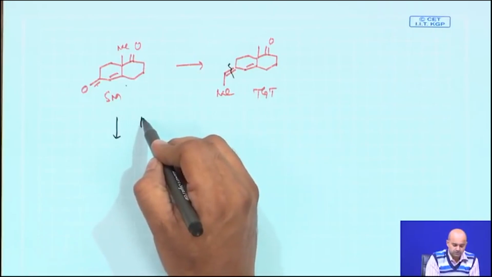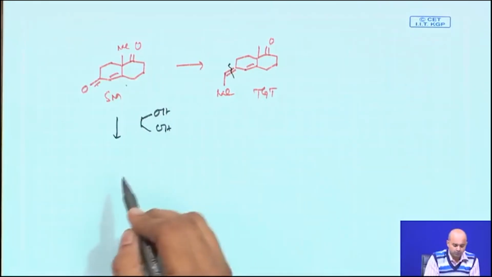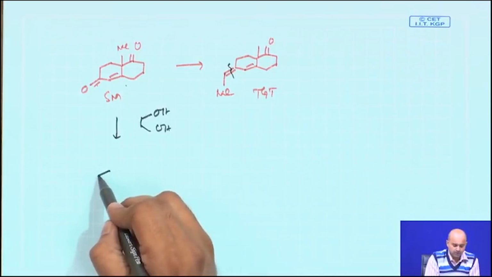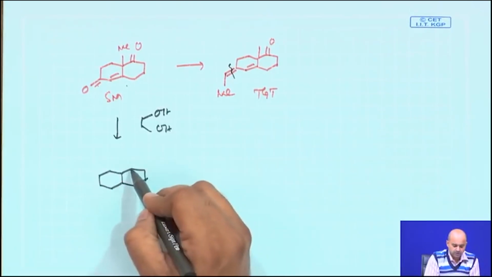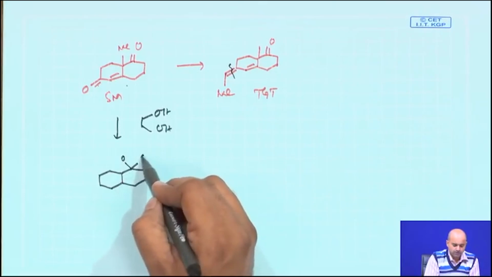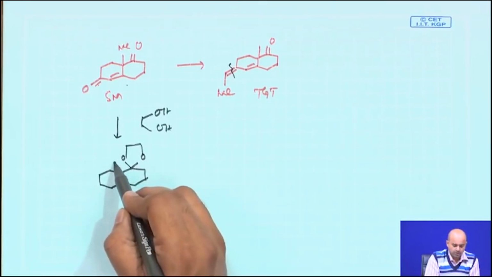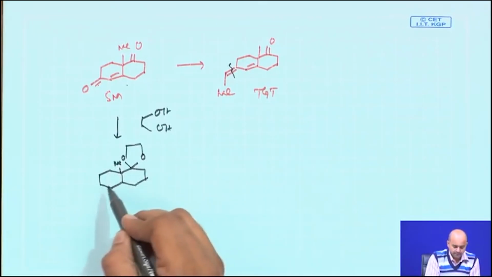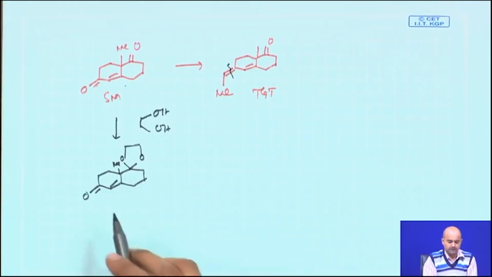So, first use simple ethylene glycol, which will protect or block the saturated counterpart. The saturated ketone portion will be blocked, and then you see what can be done next.